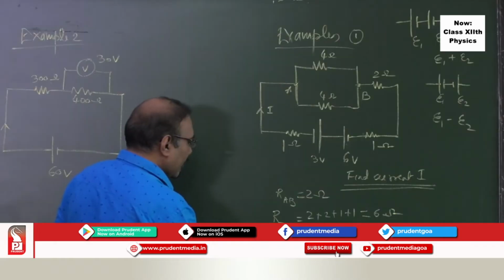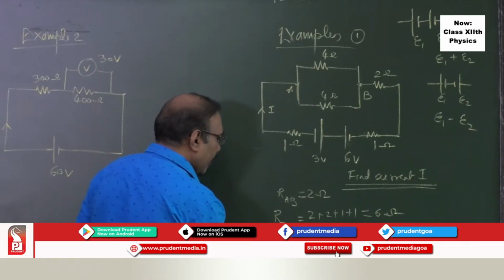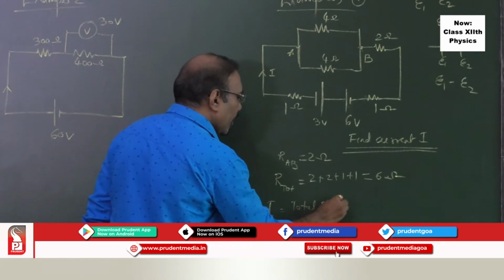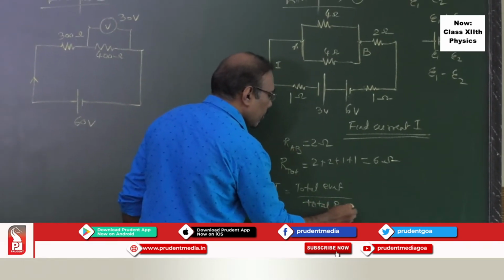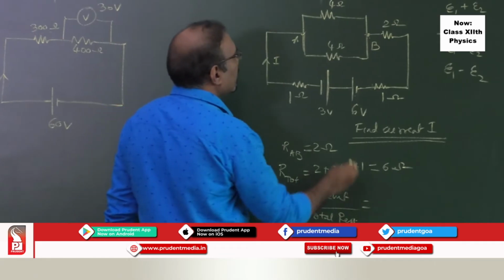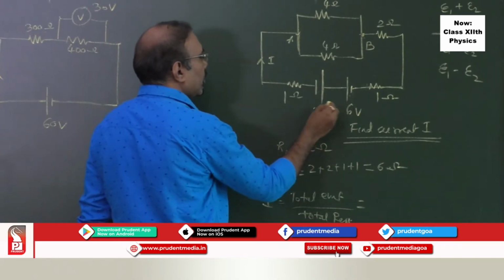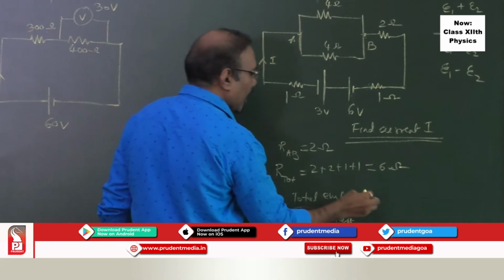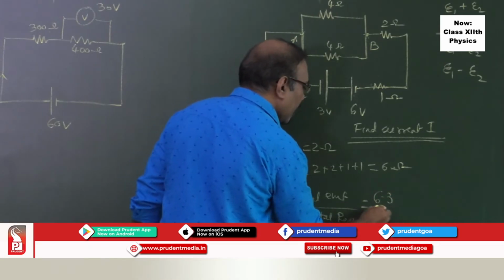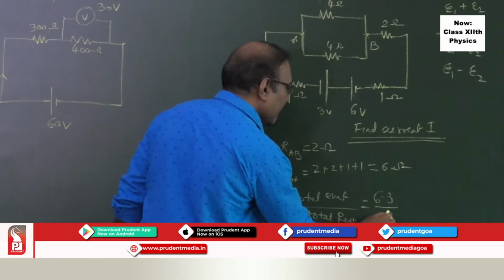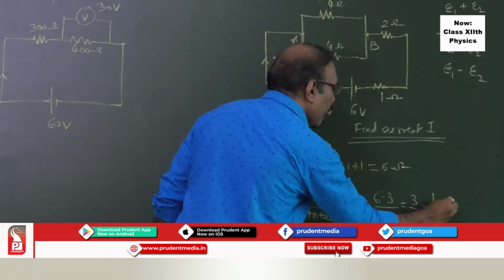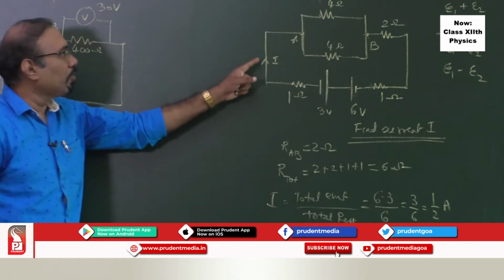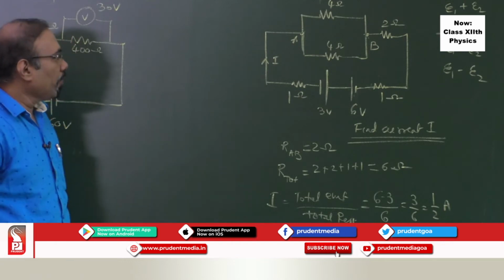So current in the circuit will be equal to total EMF upon total resistance. Total EMF is, this is 6 volt, this is 3 volt, but they are opposing each other. So (6 minus 3) volts divided by 6. So it will be 3 by 6, which will be 1 by 2 A. So that's the main current which is to be found out.